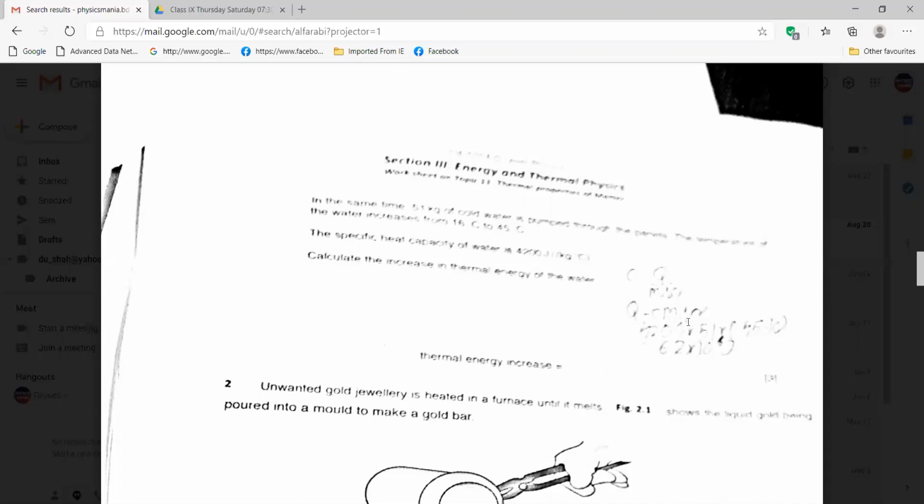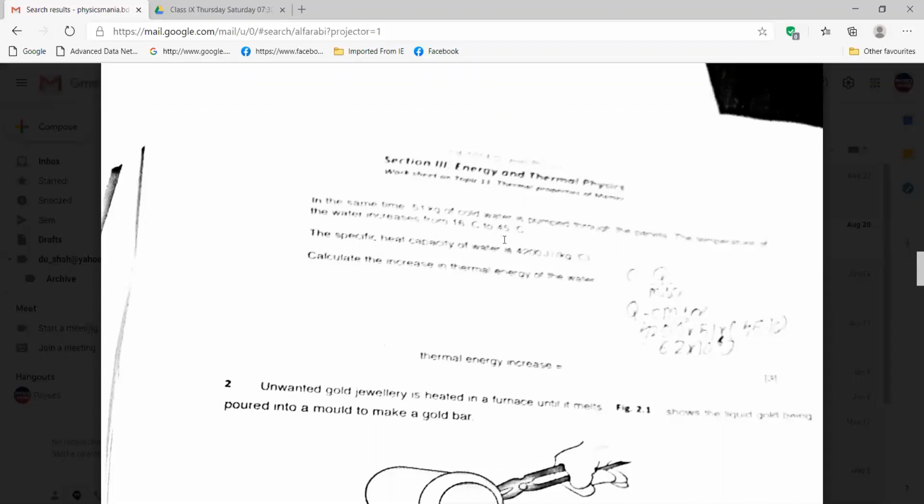Q equals mc del theta. C equals Q by m del theta. So how is this del theta coming? Increase in temperature, right? The temperature raised from 16 degrees to 45 degrees, right? And the specific heat capacity C is given, and the mass is given as 5.1 kg, right?